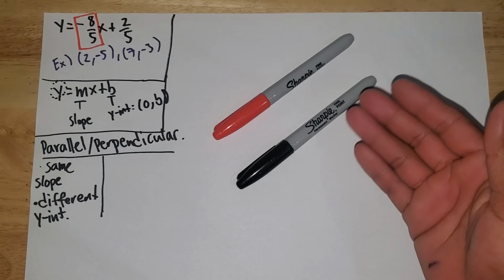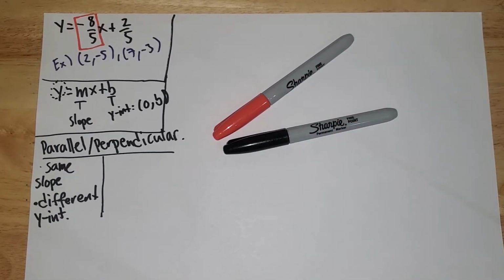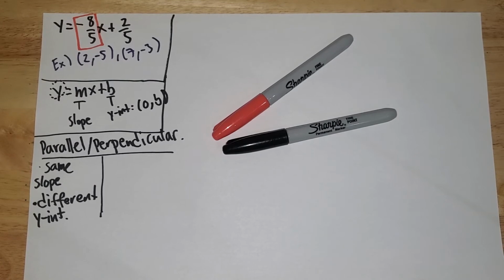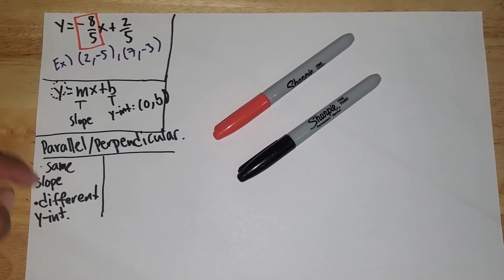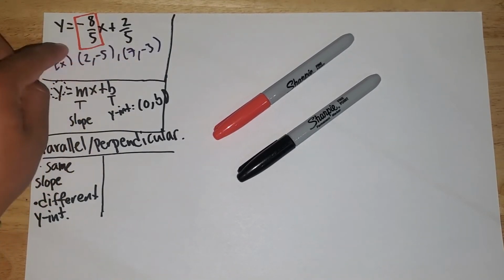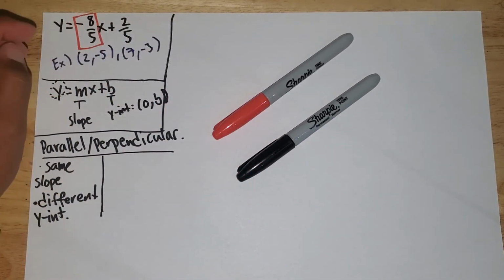If you're looking at a graph, all you have to see is that as long as they don't cross, then they are parallel to each other. So that's how they look to be parallel. But here, this is describing actually writing the equation.